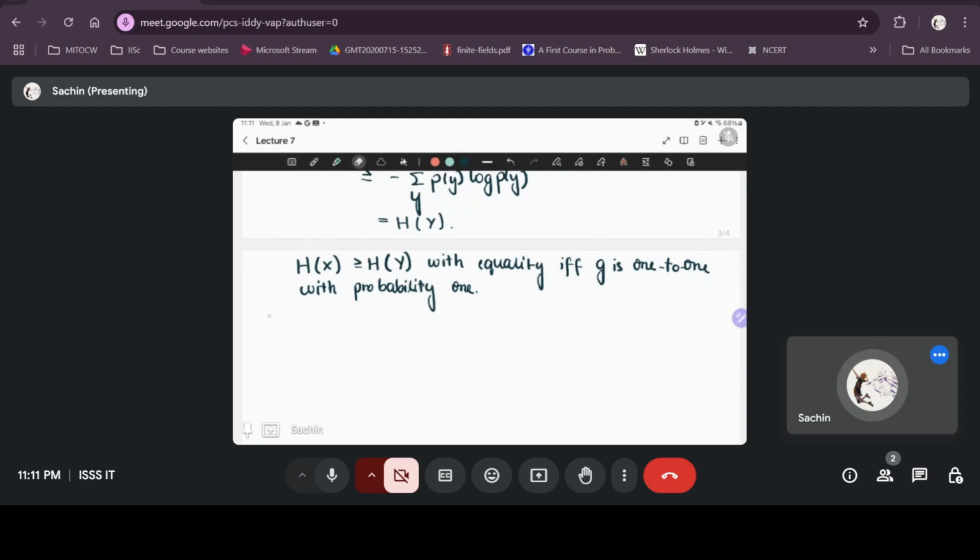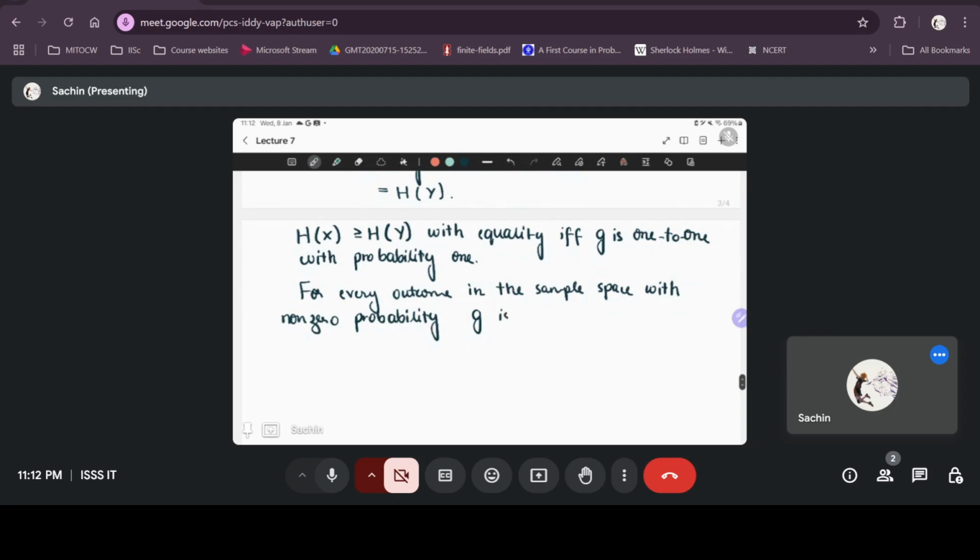In other words, for every outcome in the sample space with non-zero probability, g is 1 to 1.